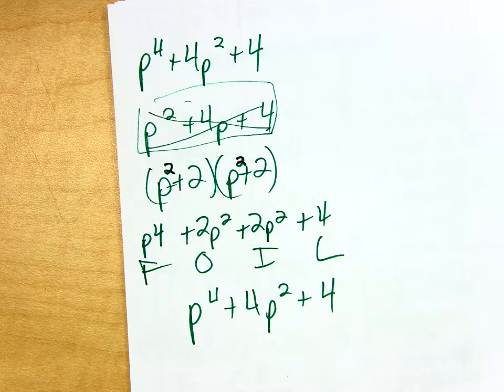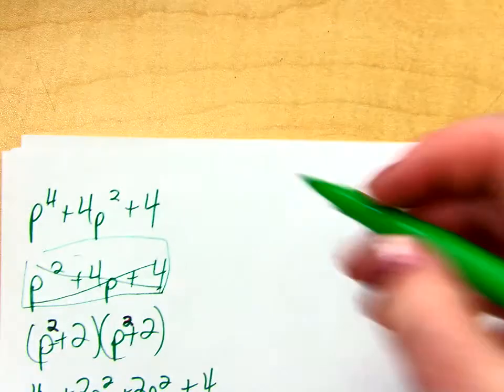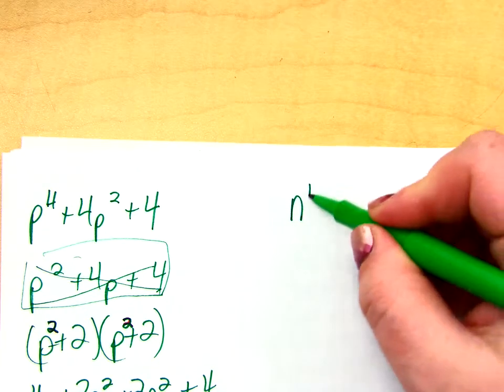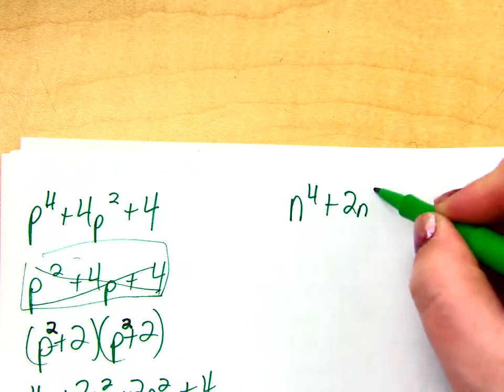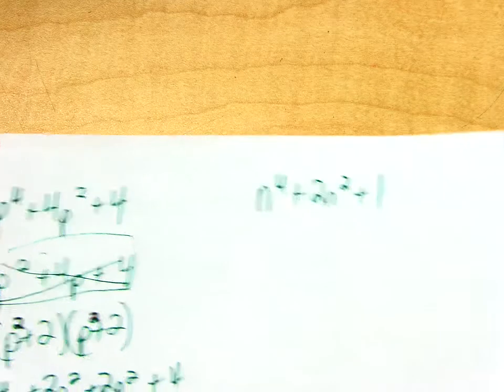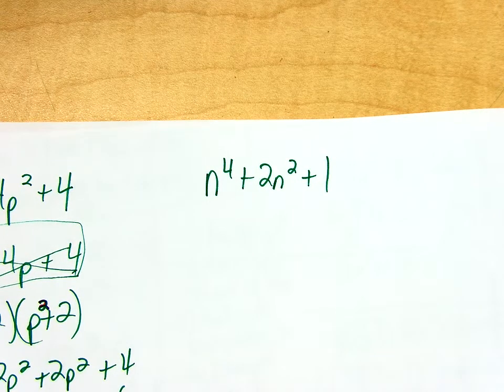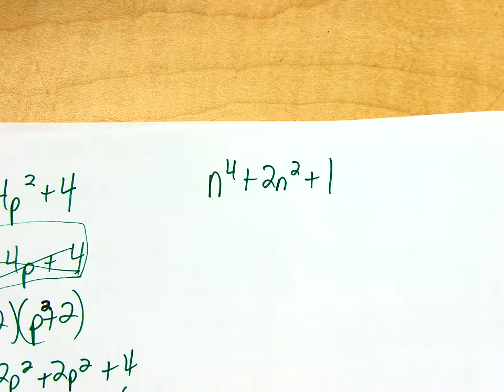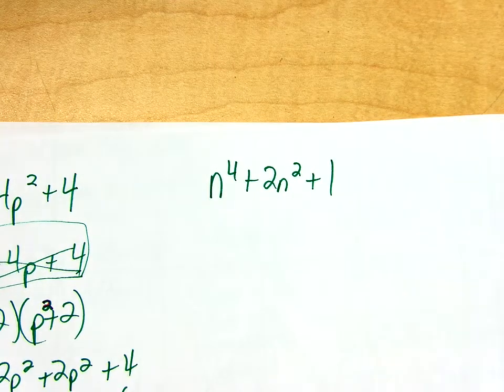So, let's try another one that's like this. How about number 45? n to the fourth plus 2n squared plus 1. If it's a trinomial, guys, I'm telling you right now, they all basically factor the same way. There's only 3 terms.